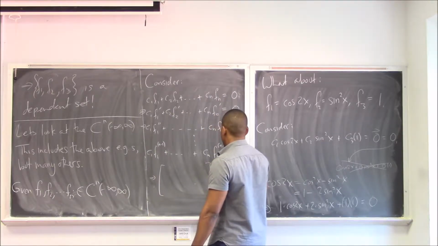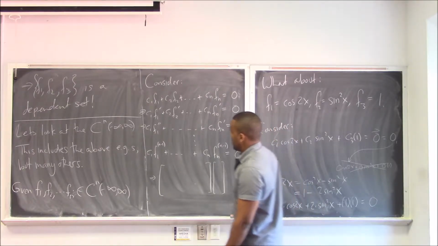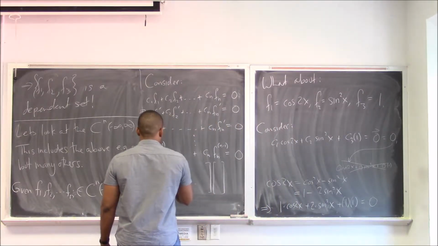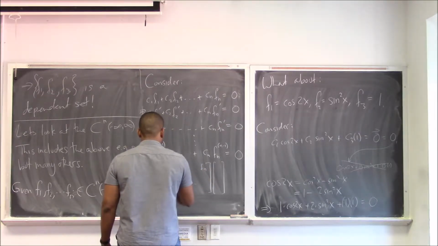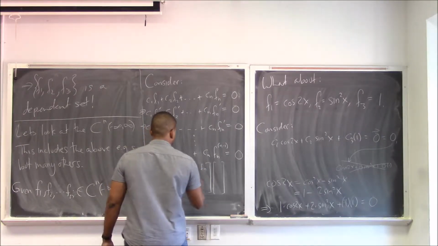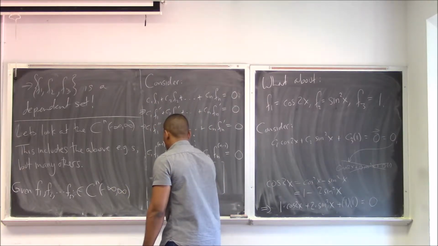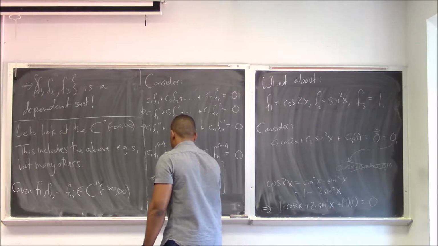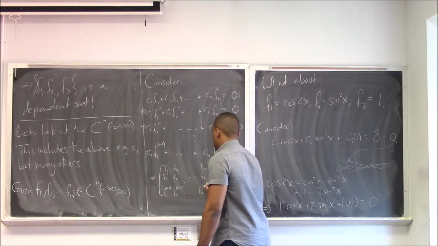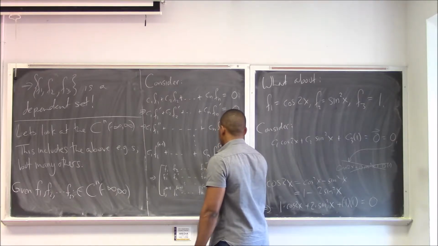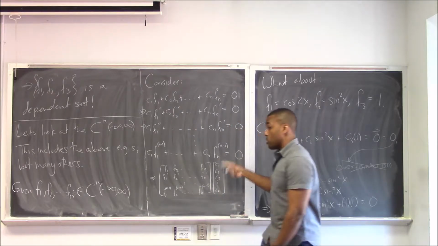This means I have this thing going on here: f1, f2, fn, f1 prime, f2 prime, fn prime, all the way down to f1 to the (n-1) prime, f2 to the (n-1) prime, fn to the (n-1) prime. Here's my c1, c2, c3, all the way down to cn. These are the guys I want to find the solution for.